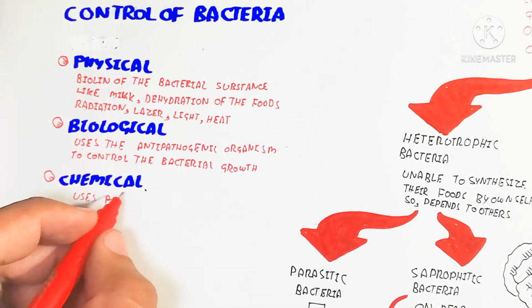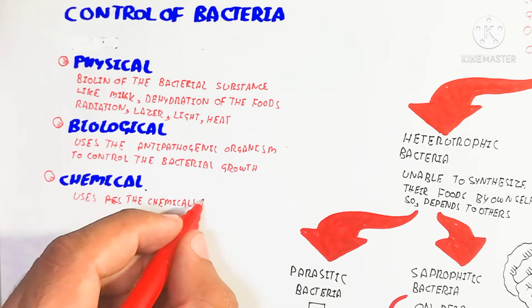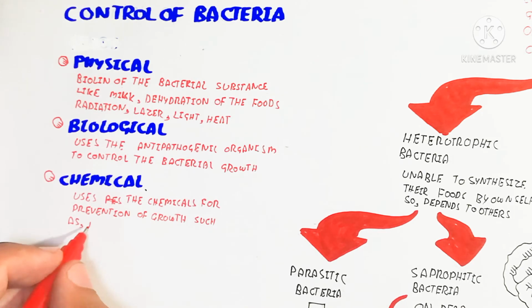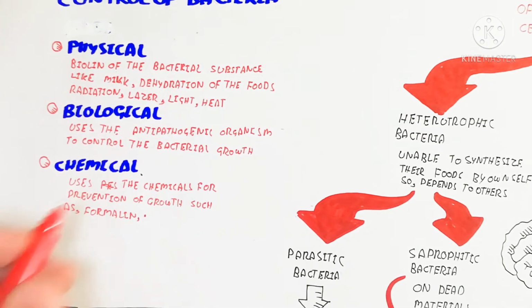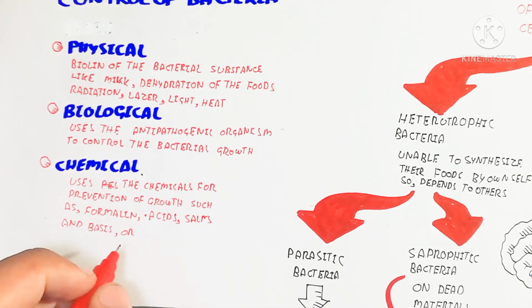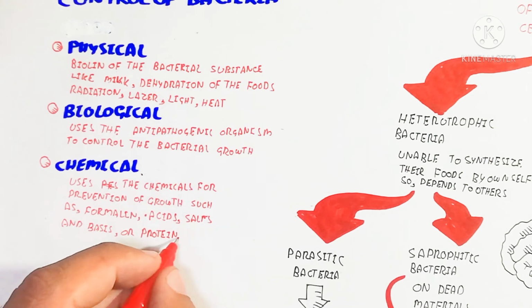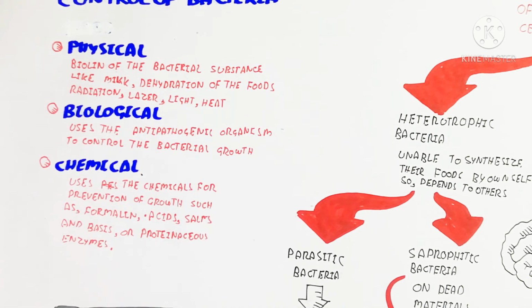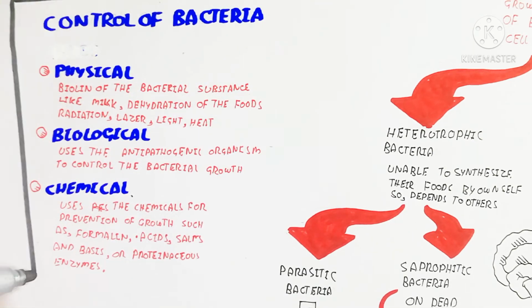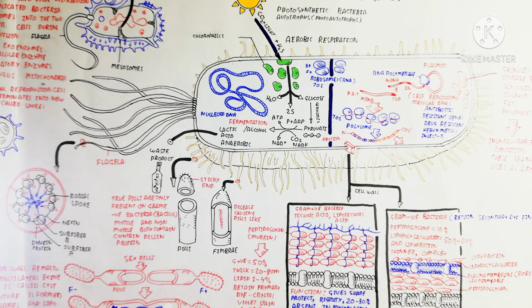Biological control uses antipathogenic organisms to control bacterial growth, and we can also use recombinant organisms to prevent bacteria. That is important. Chemical control means chemicals such as pesticides, formalin, acid, salt and enzymes are used to prevent bacterial infection.